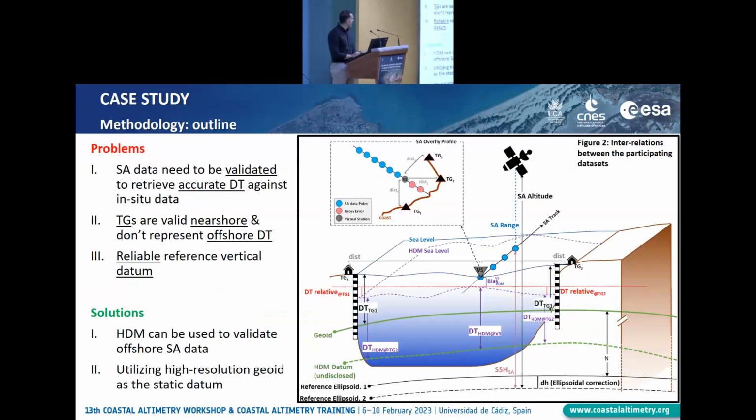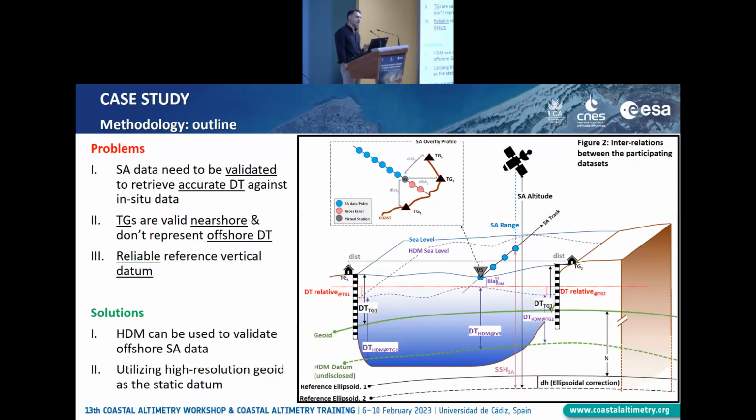So in this figure, I show the methodology part of the study, and as you can see, we can validate the dynamic topography by satellite altimetry along the coast, along the track, using the hydronic model, although the hydronic model datum is mostly undisclosed or unknown.